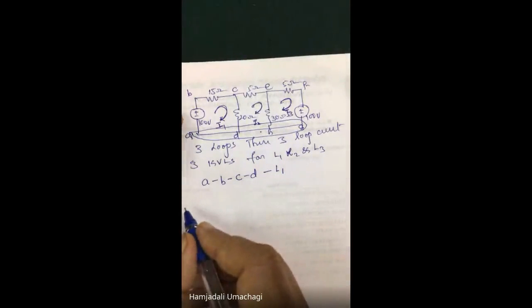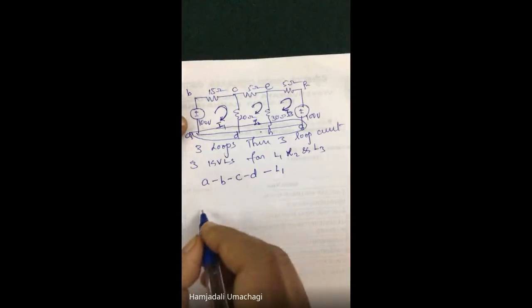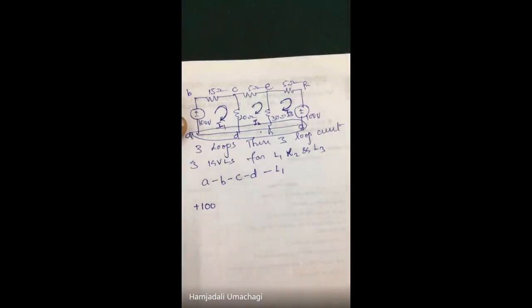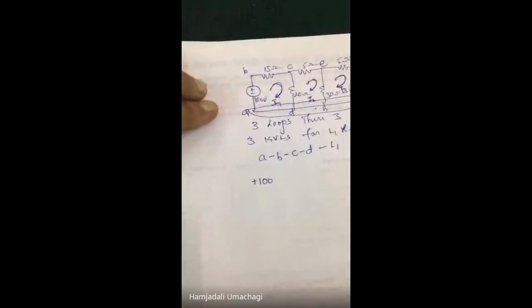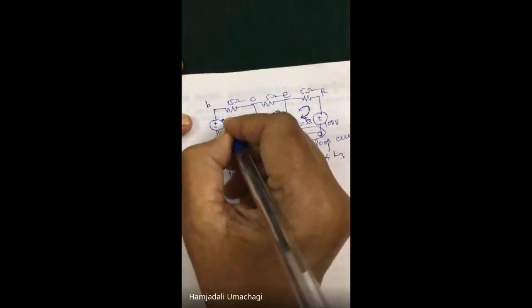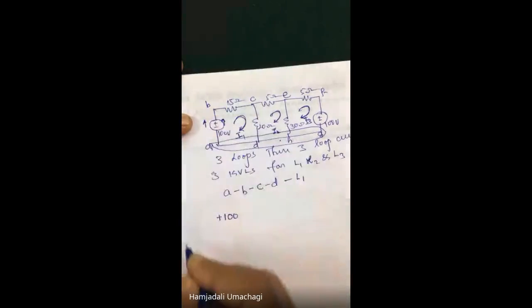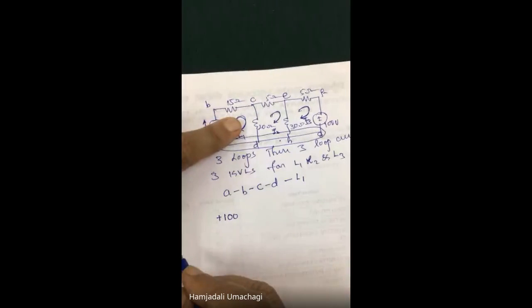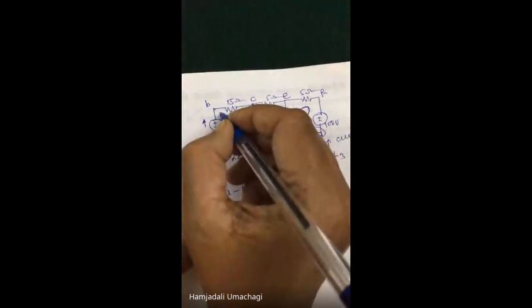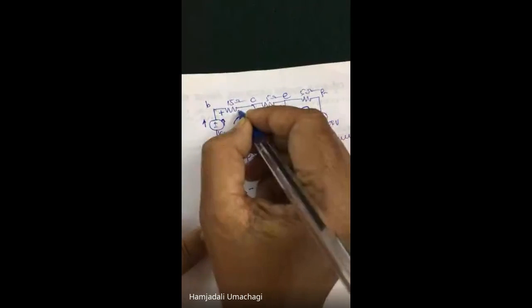I'll be writing KVL for this loop. 100 volt plus. Why is it a plus sign? Because the loop direction and source current direction are in the same direction. Thus it is plus 100. Here the loop current is entering.